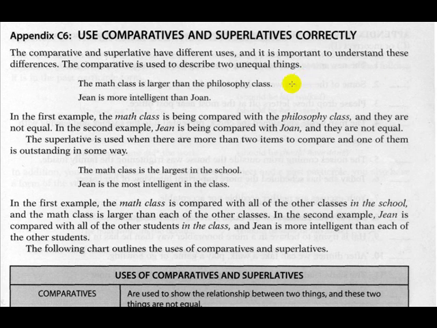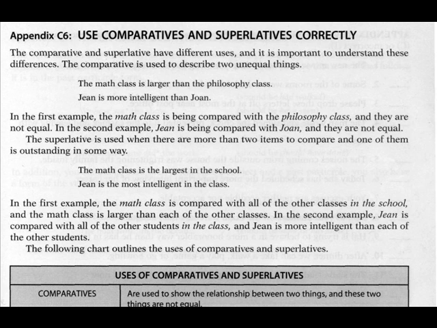As an example, math class is larger than the philosophy class. Jean is more intelligent than Joan. In the first example, the math class is being compared with the philosophy class, and they are not equal. And in the second example, Jean is being compared with Joan, and they are not equal.